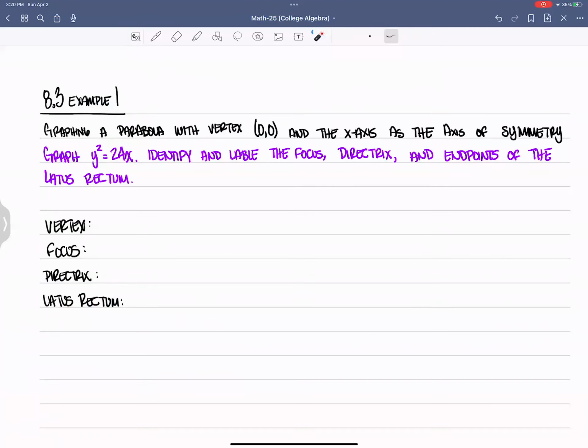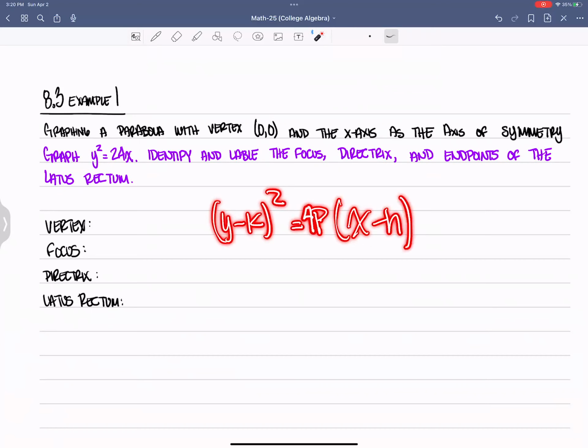Let's get it into the proper form. For a left and right opening parabola, it's going to be in the form of y minus k squared equal to 4p times x minus h.